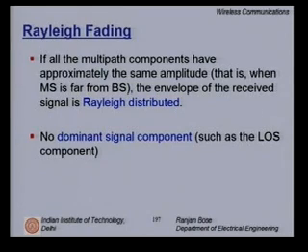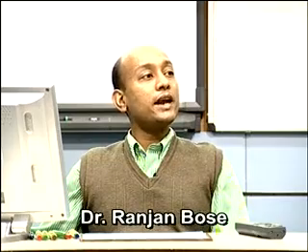Even if there is no line of sight, 1 or 2 reflections should not be much stronger than the other reflections, otherwise you will not have Rayleigh fading. This assumption is generally true for mobile scenarios when the mobile station is far away from the base station. Whereas, as you start moving closer to the base station, you tend to have a line of sight. In that case, it will degenerate into Rician fading.